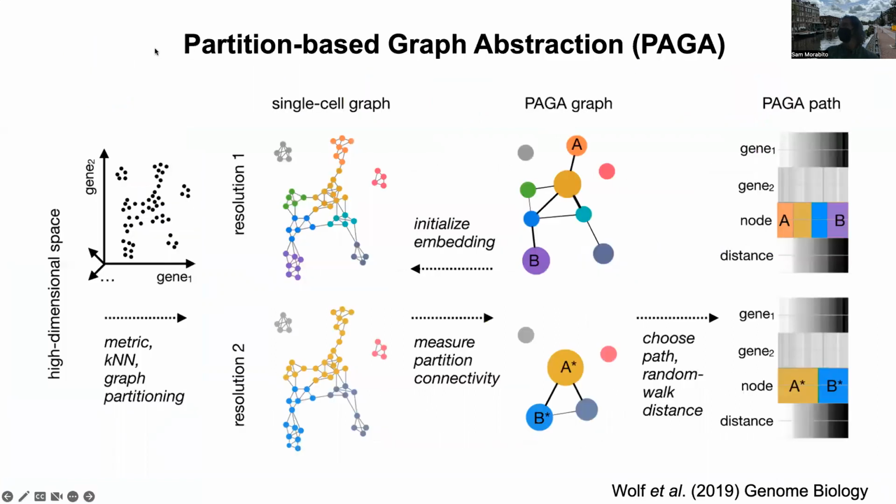PAGA is the one I kept talking about that was pretty high scoring in this. This is a paper from the Theis lab from 2019, the group behind Scanpy. It's a pretty simple approach: you have your gene expression data and you have done clustering on it, and then it computes similarity between clusters based on their expression levels and draws an edge between them based on that.